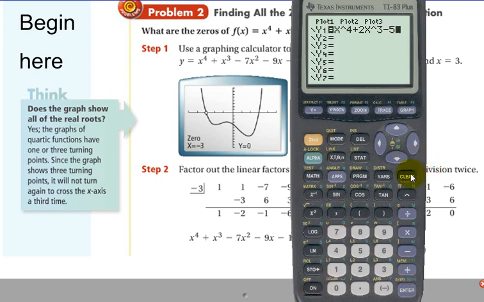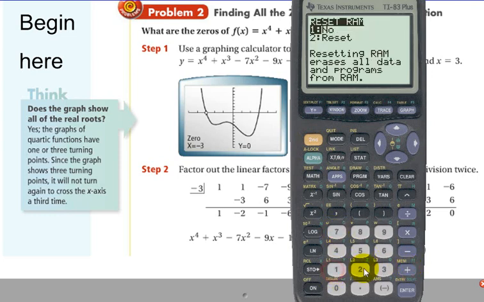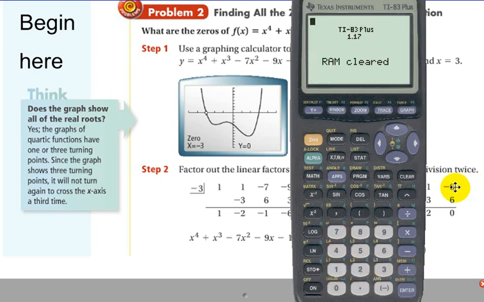Quit out of anything if you're inside it. Now go second function, memory, and then 7, 7, 1, 2. There you go. And you'll get the message that the RAM is cleared.